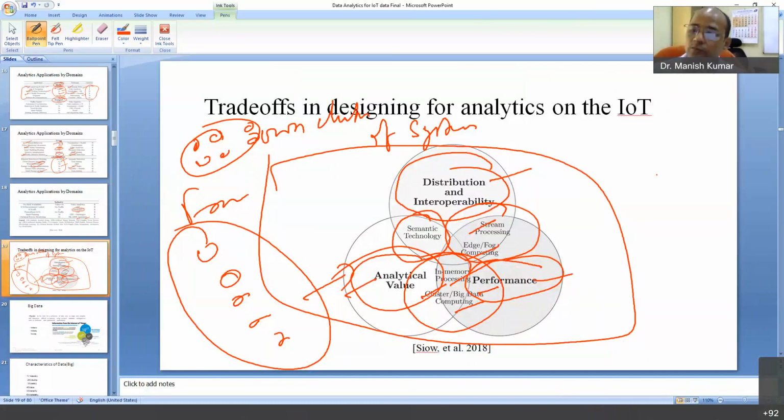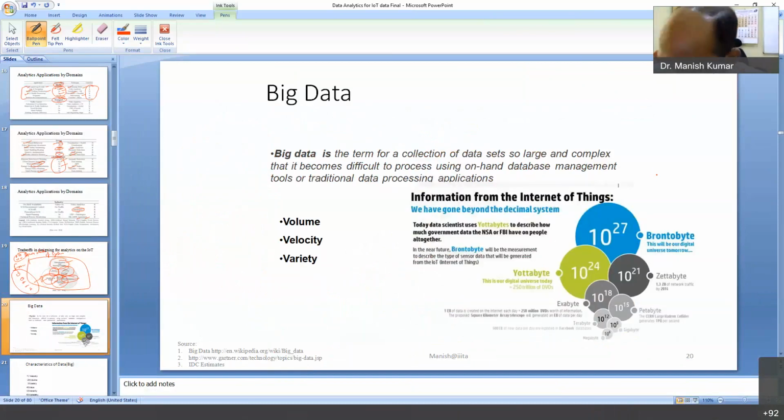So next I'll be talking about some of the characteristics of big data, and I'll be talking about some examples through which you can understand what these characteristics actually mean.